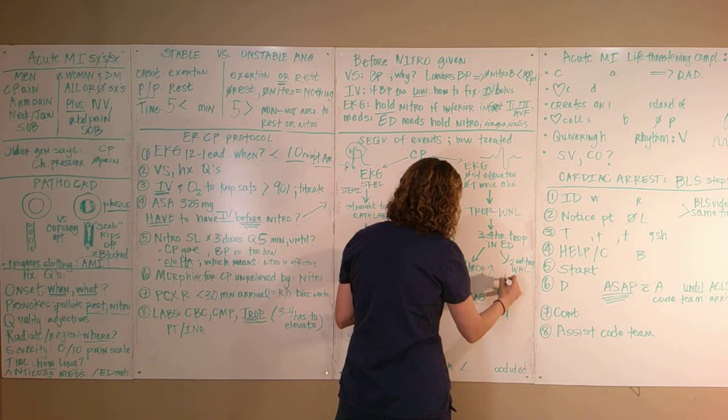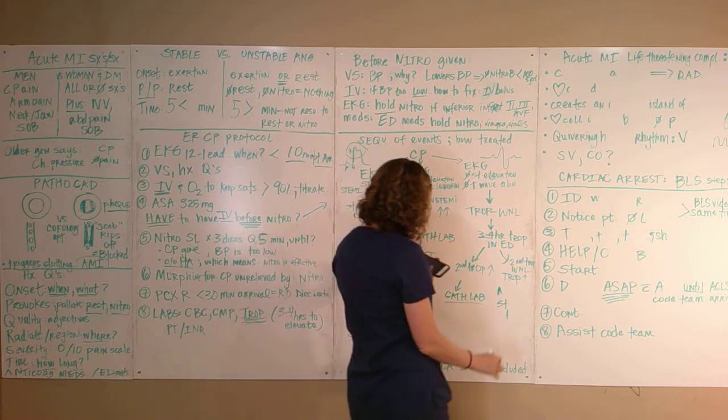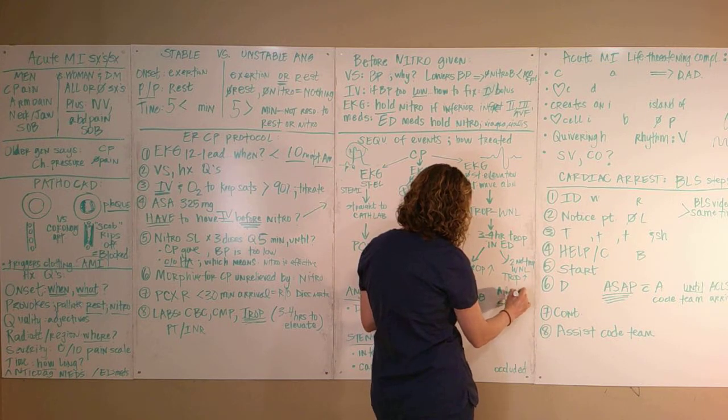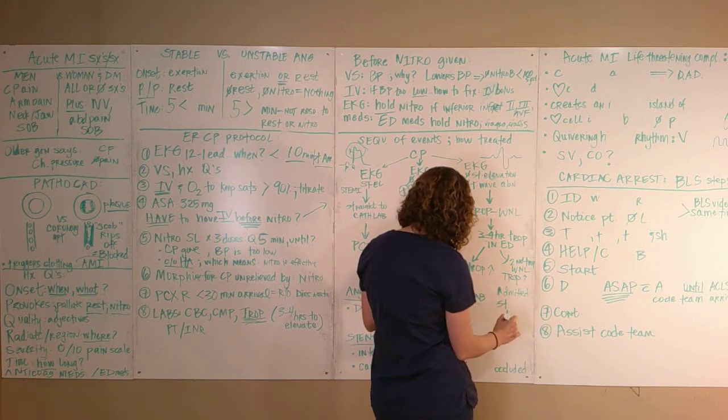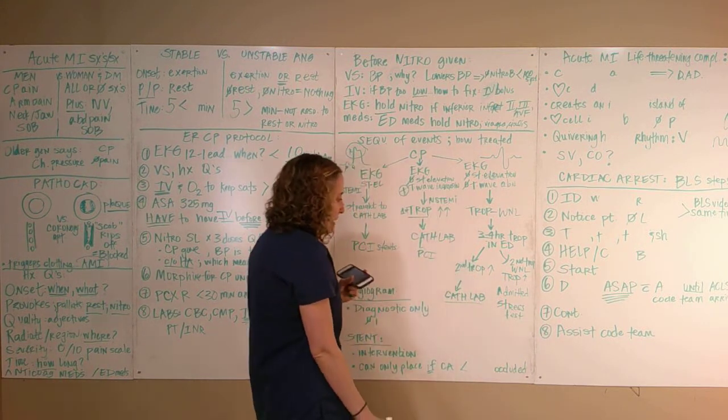So then what do we do? Right? So the trop is normal. So then they will probably be admitted, depending on their history. And then they will do a stress test. Cool. So they get admitted, do a stress test.